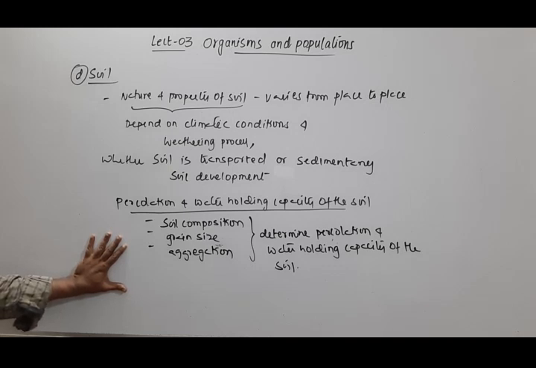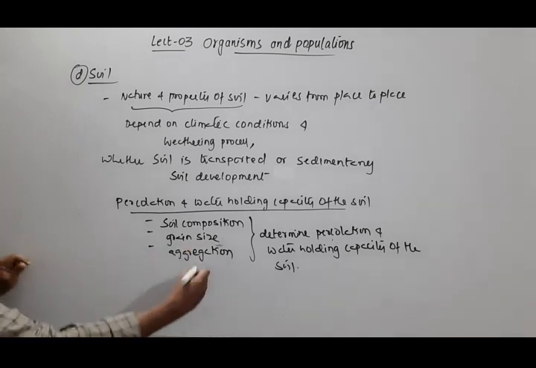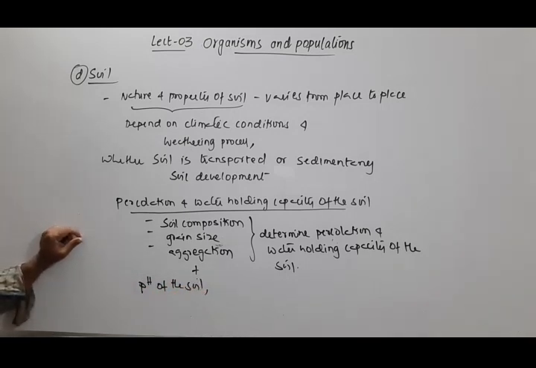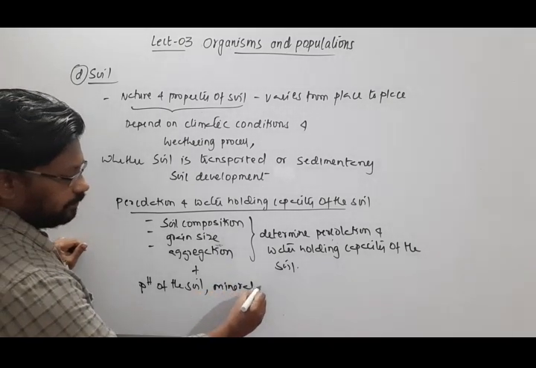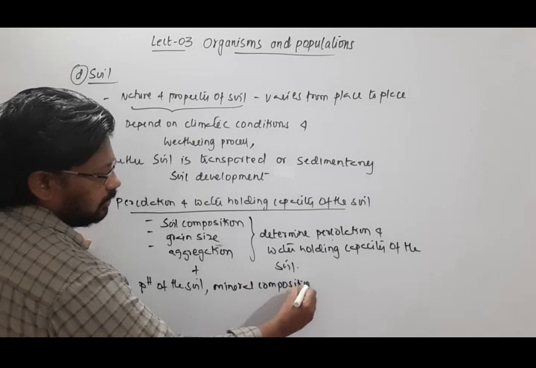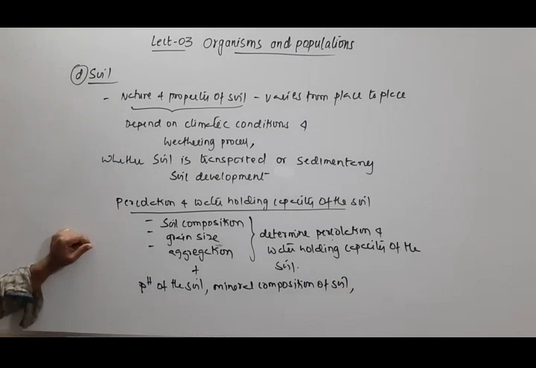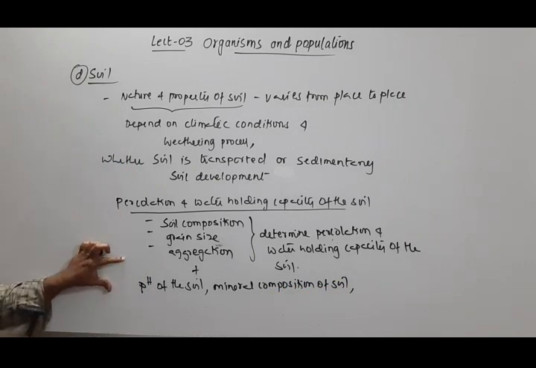And along with that, we need to even consider the pH of the soil. The pH of the soil is also very important for the growth of the plants, right? Then the mineral composition of the soil, whether it has a good amount of minerals, and usually the pH of the soil in neutral conditions will favor the growth of organisms, especially plants.